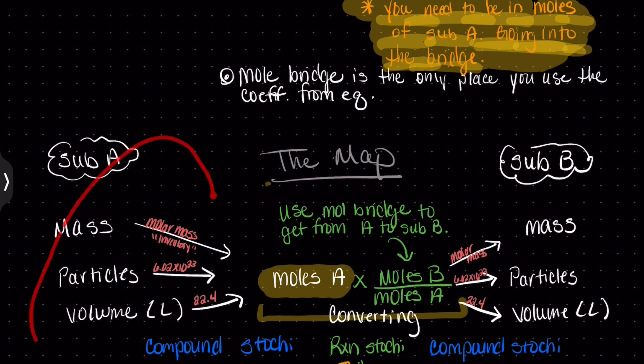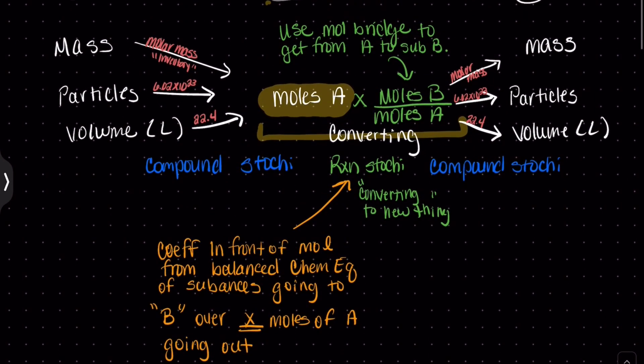So it's compound stoich going in, a momentary use of reaction stoich, and then compound stoich going out. So they're a combination of skills. And these molar ratios come from those coefficients in your balanced chemical equation. So make sure we understand that what goes in here is balanced chemical equation coefficients.